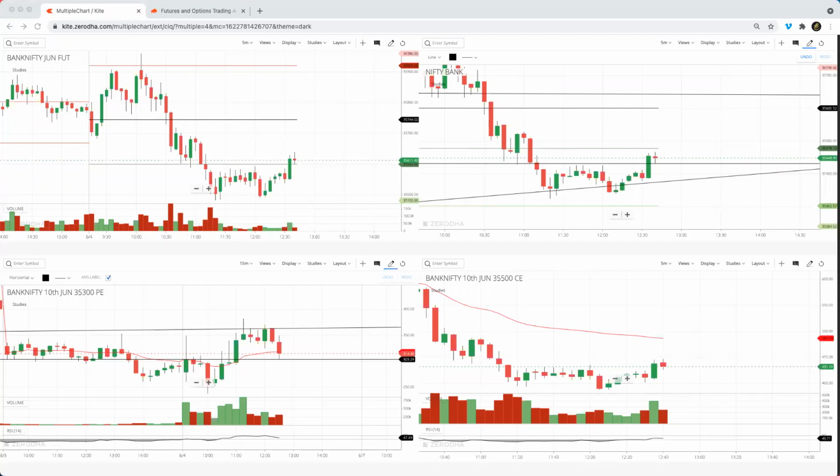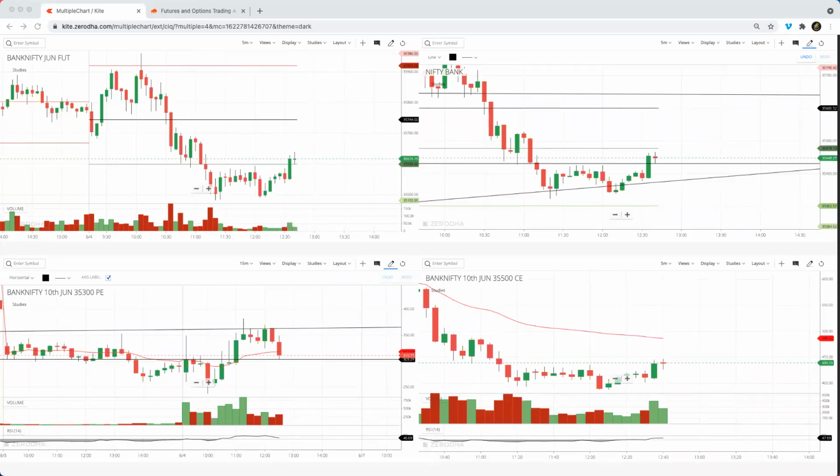VIX is cooling off right now, but the thing we need now is volume. Let's see what our friends are doing. Bank Nifty is not moving. This is active now.